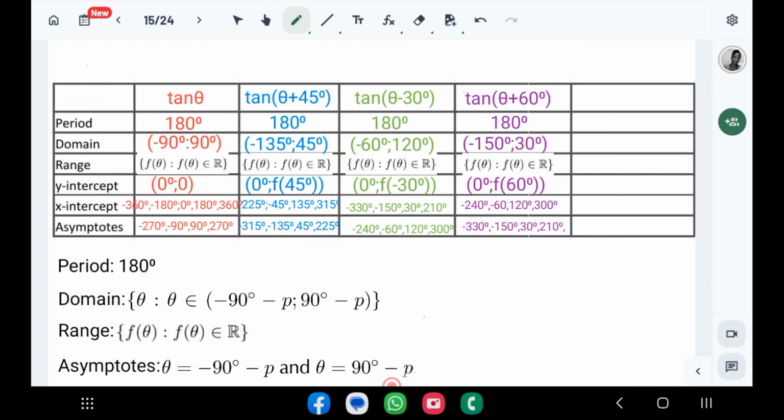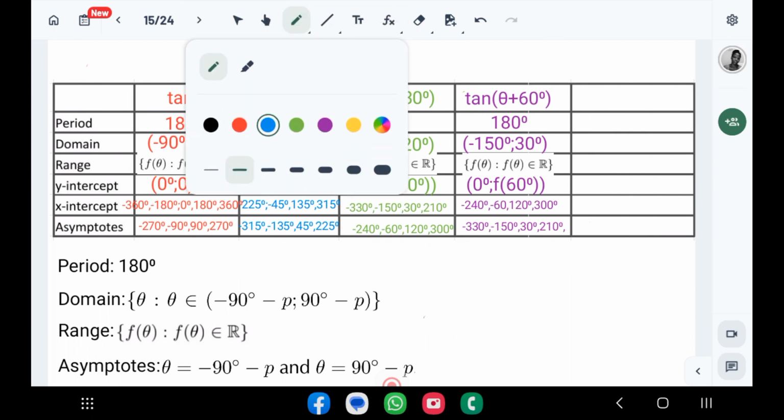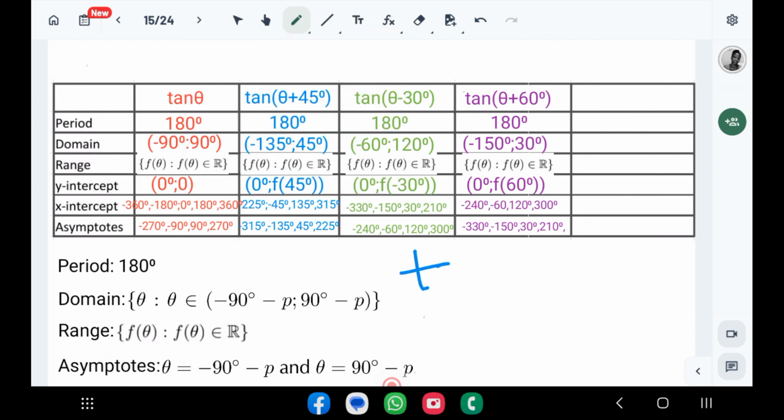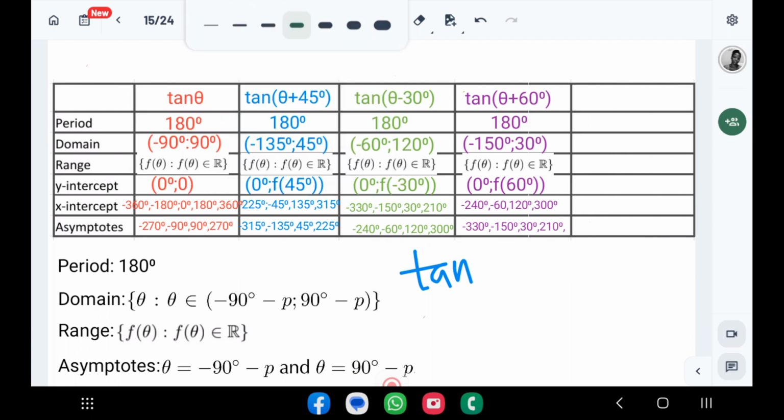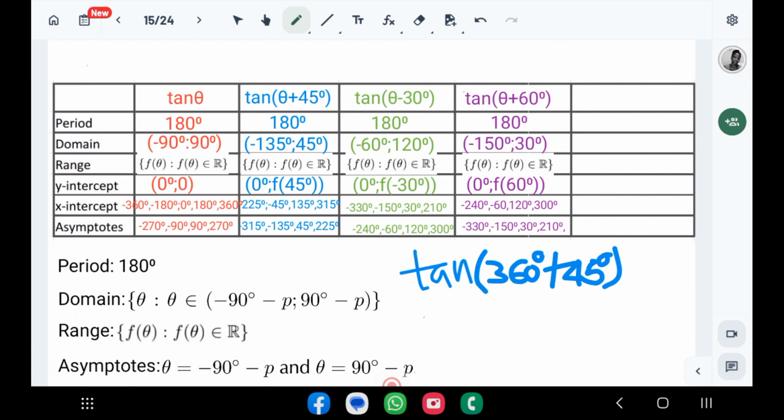So we've got tan of 360 plus 45. Take out a calculator. Let's calculate what that is. So that is tan of (360 plus 45), and that is equal to 1.